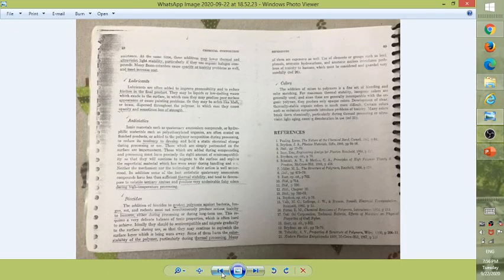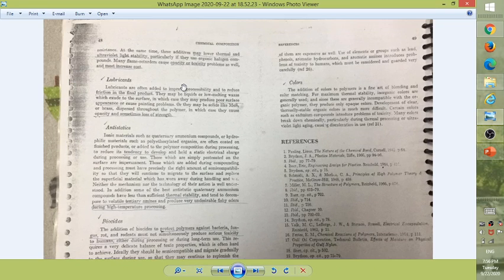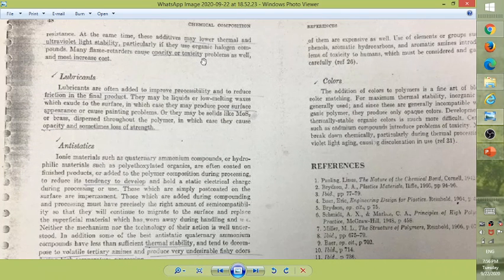At the same time, these additives may lower thermal and ultraviolet light stability, particularly if they use organic halogen compounds. Many flame retardants cause opacity and toxicity as problems as well, and most increase cost.